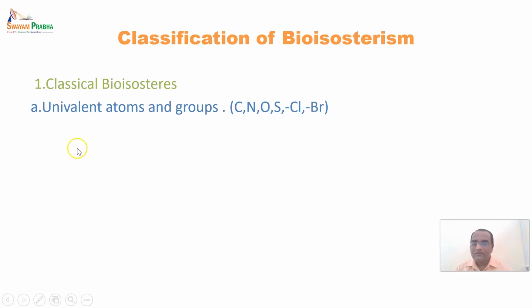There are some classes of classical bioisosteres. The first class is univalent atoms or groups like carbon, nitrogen, oxygen, sulfur, chlorine, bromine.